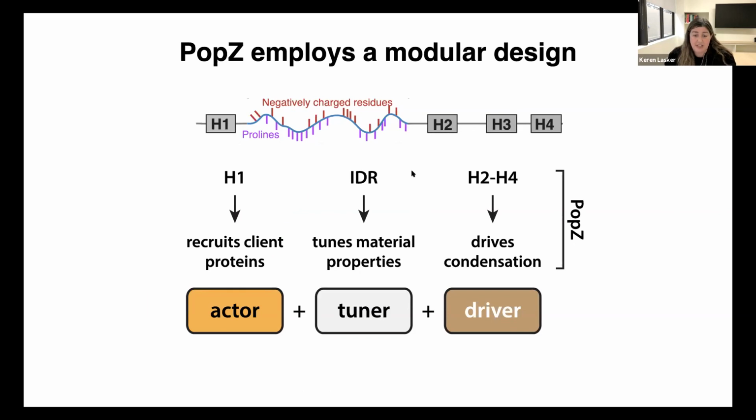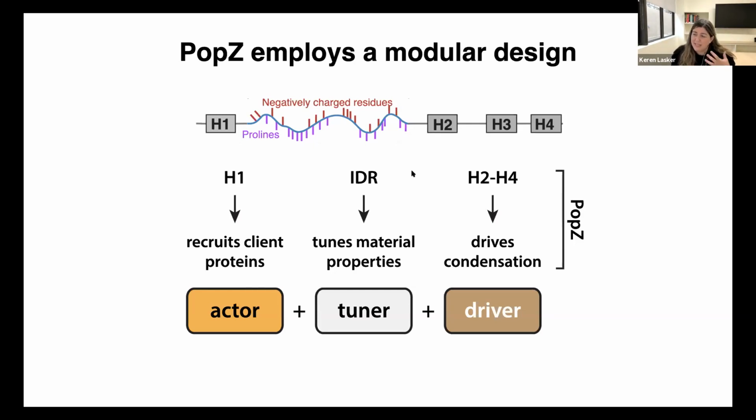So to summarize this section, I hope that you now agree with us that POP-Z employs this modular design, and we are breaking it into three modules. There is the driver domain, which is this C-terminal domain, which is the oligomerization domain. There is the disordered region, which tunes the material properties, and the N-terminal domain, which I haven't talked about a lot here, but there is really nice work from Grant Bowman's lab showing that the N-terminal domain is required for client binding.